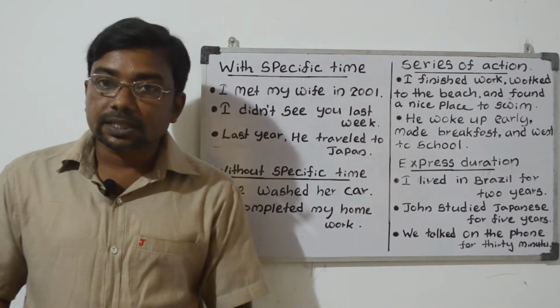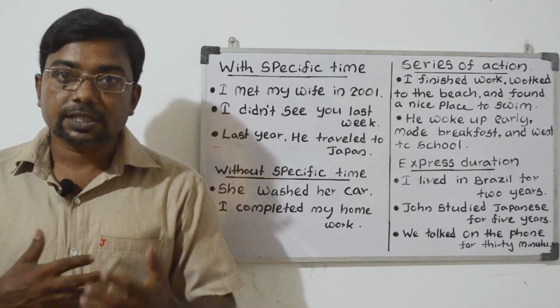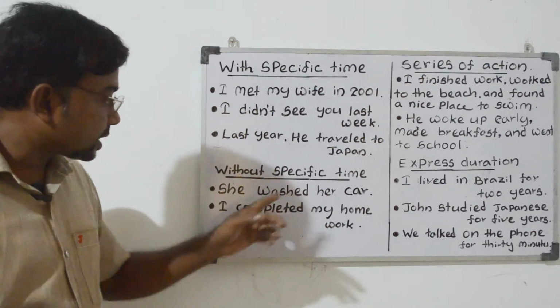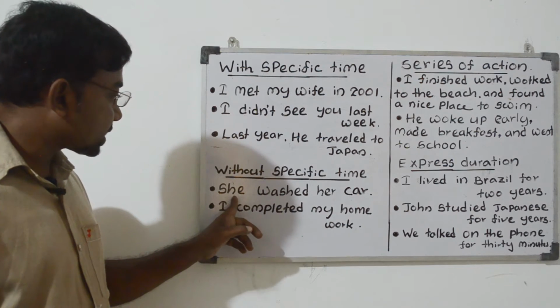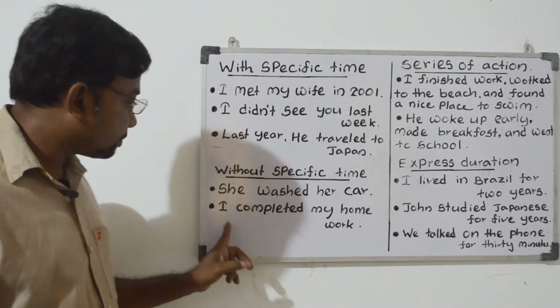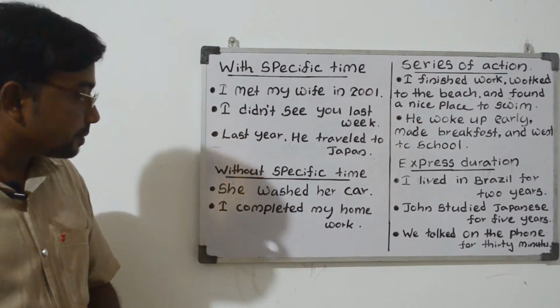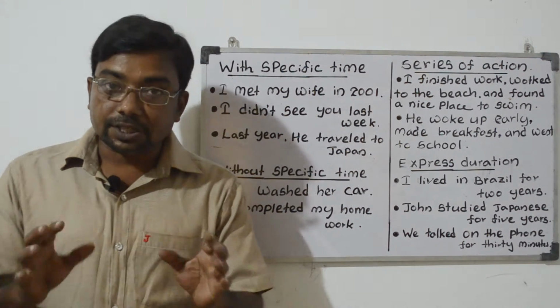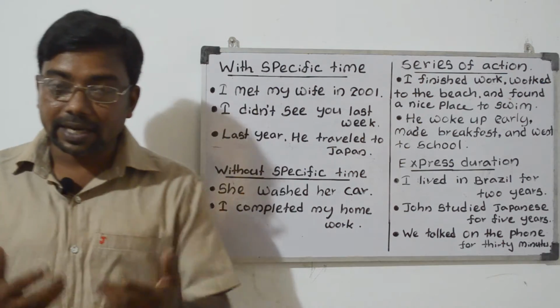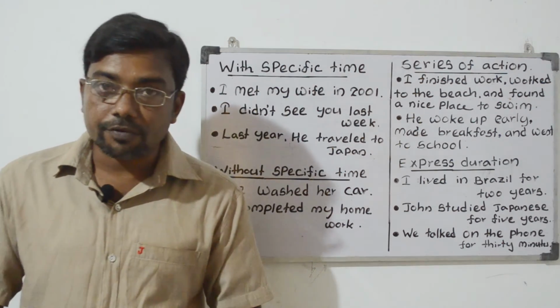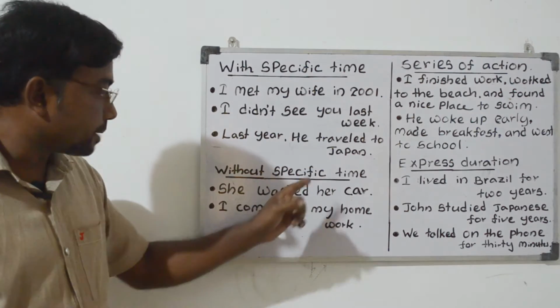Okay, sometimes we can use this simple past tense to talk about our idea without a specific time which has completed in the past. Look at the first example. She washed her car. I completed my homework. Okay, when you look at these two examples, they do not mention specific time. Remember, again, we can use this simple past tense to express our idea without specific time too.